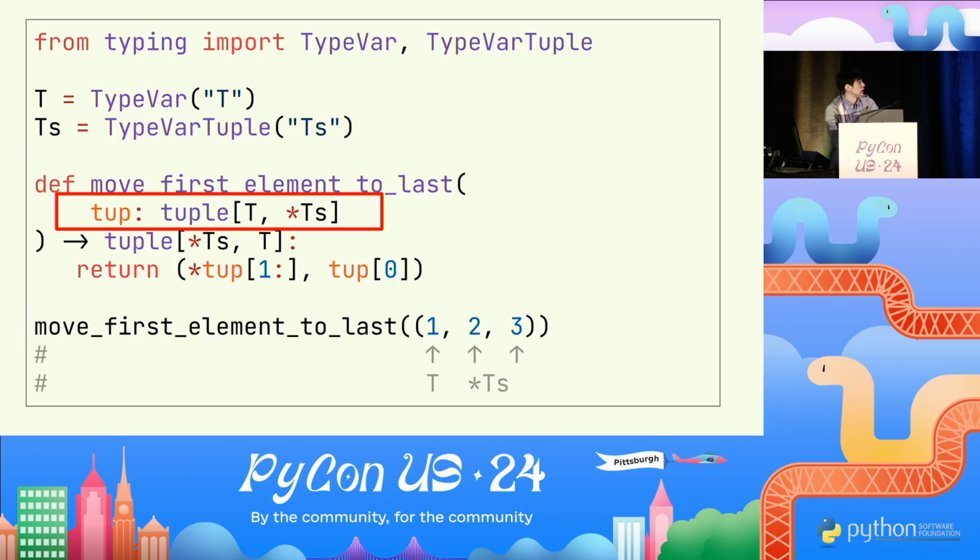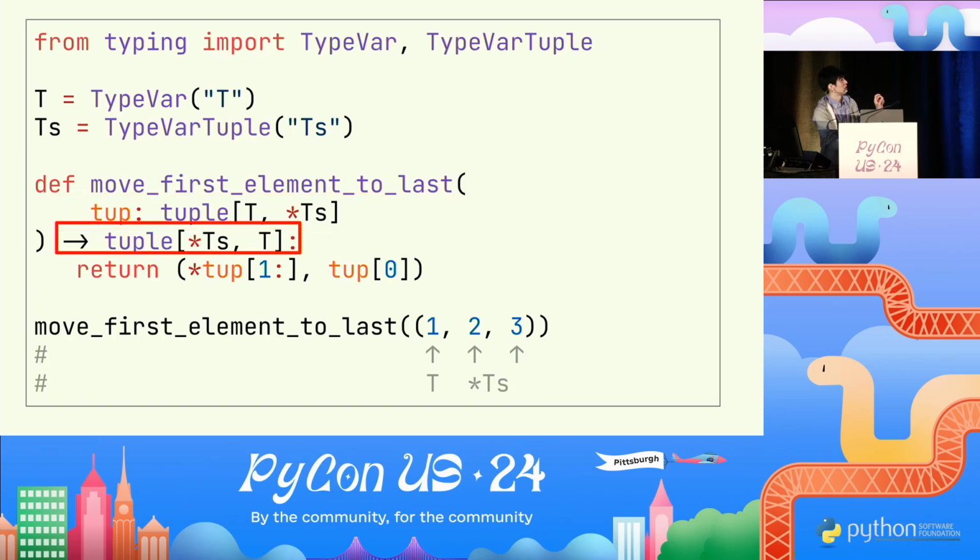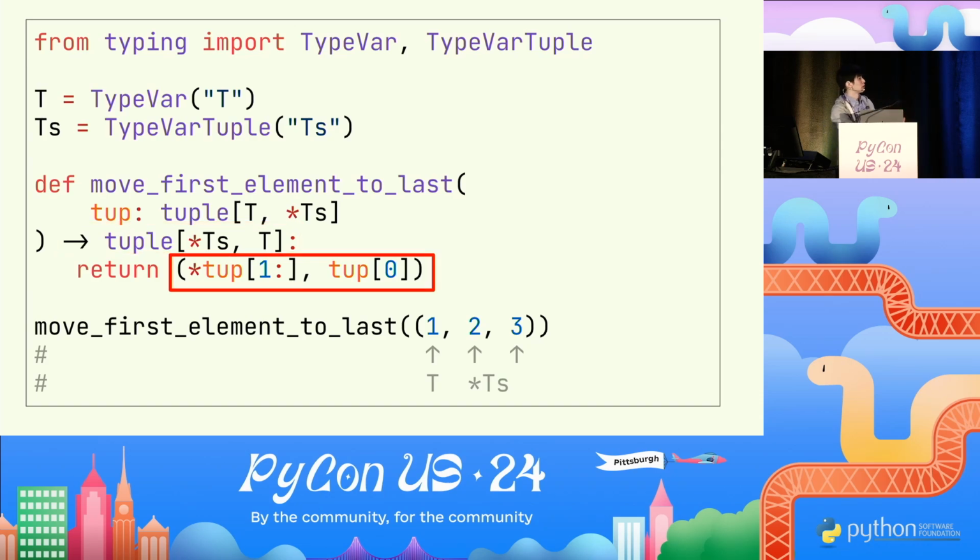Here the tuple type is the generic T and *Ts. But the return type changes the order: *Ts with T. On the runtime side, the arguments change: the first one moves to the back. It works fine, and it also looks good in type checkers like mypy and pyright.